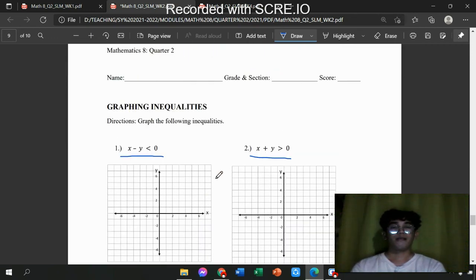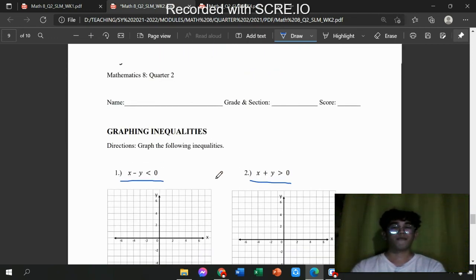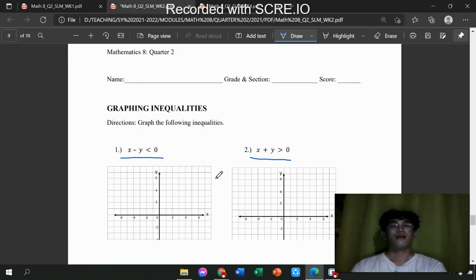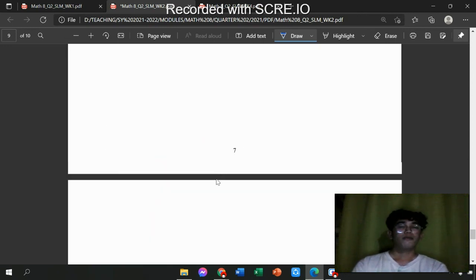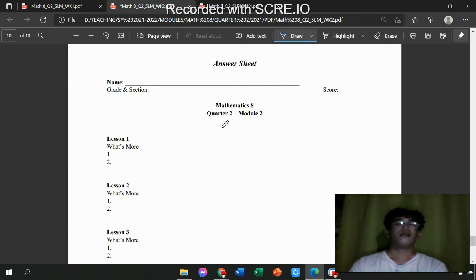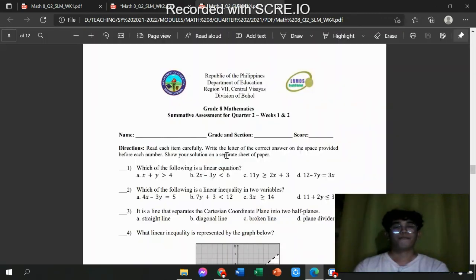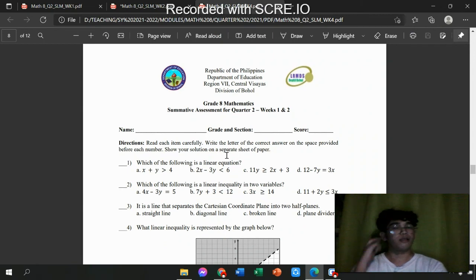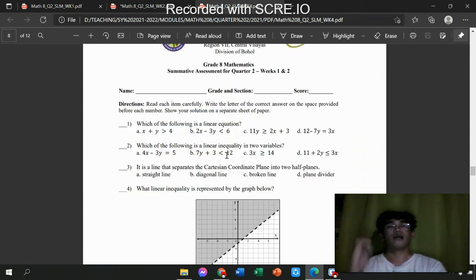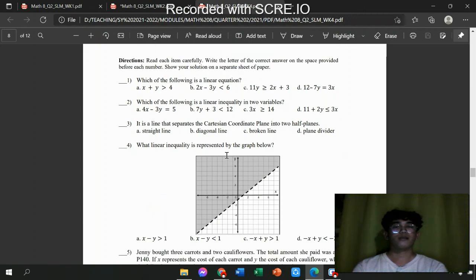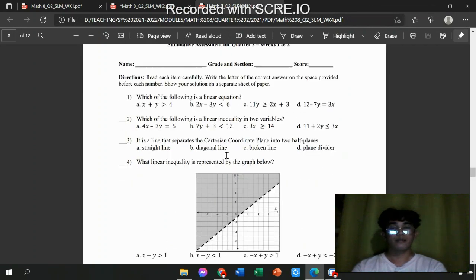So that's performance task number 1. Make sure to answer your performance task because this is 50% of your grades. Also, included in Module 2 is the summative assessment for Quarter 2, Weeks 1 and 2. So review your Module 1 and Module 2 so that you can answer the summative test.